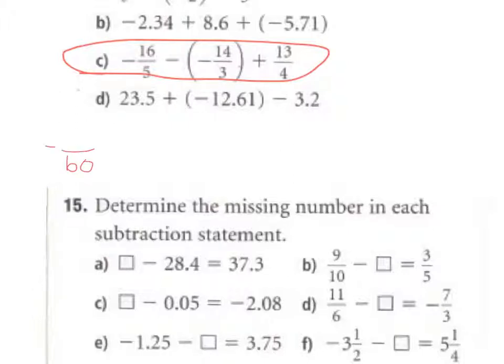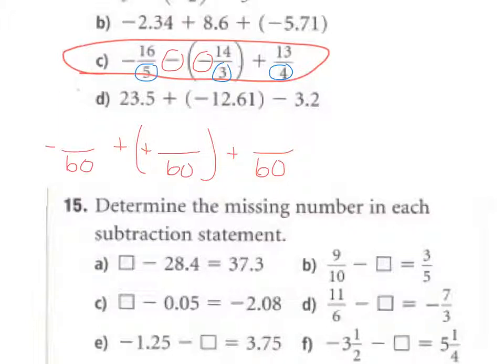And I don't really know the tops yet. I'm just going to rewrite this. I'm going to change that to an addition sign. I'm going to change that to a plus number, 60. And because that's adding, I'll leave 60 on the bottom. So I multiplied these guys together to get 60.